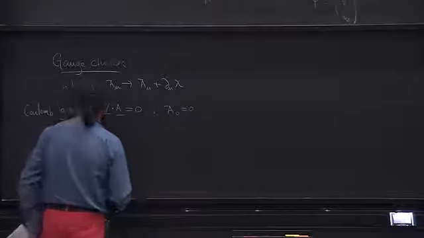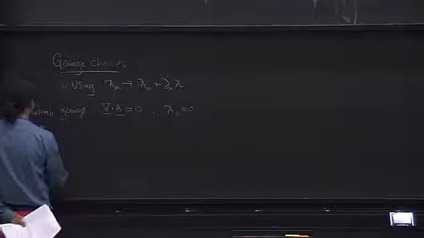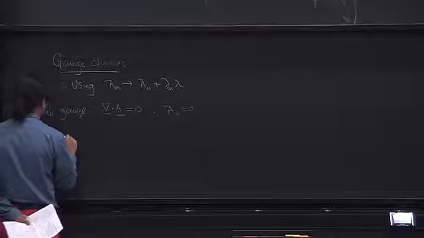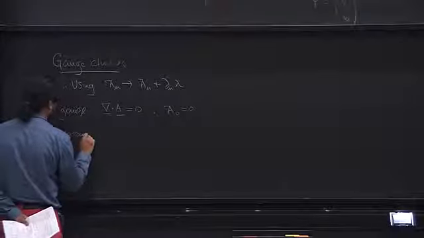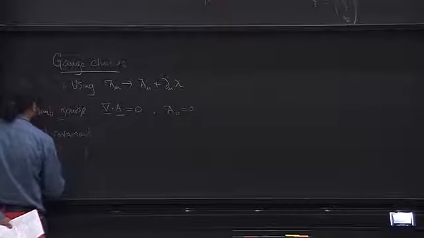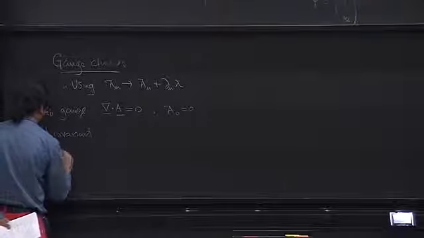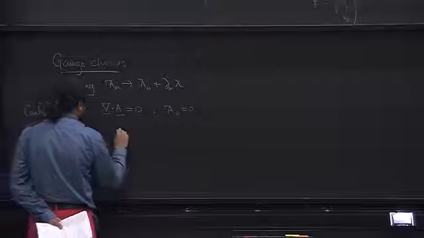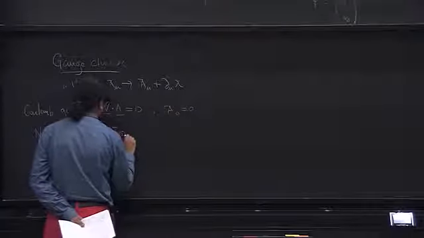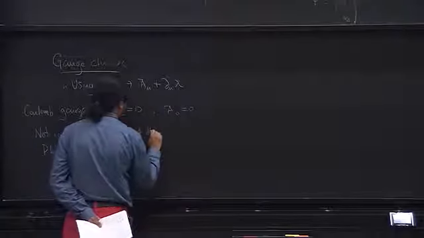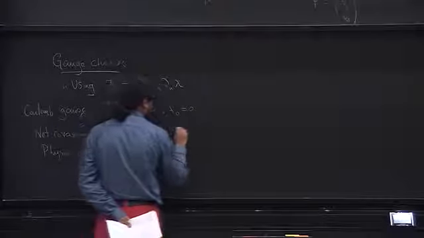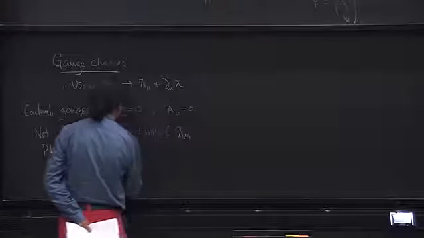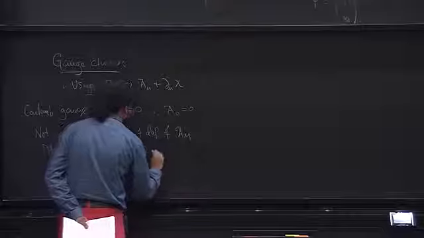So the choices of these conditions are known as gauge choices. And the Coulomb gauge is not covariant, but it's physical. What I mean is that from 4 degrees of freedom of A mu, you are reduced to 2 degrees of freedom.